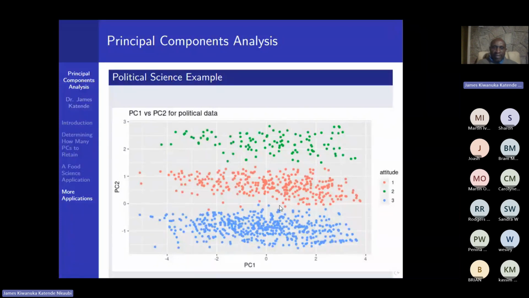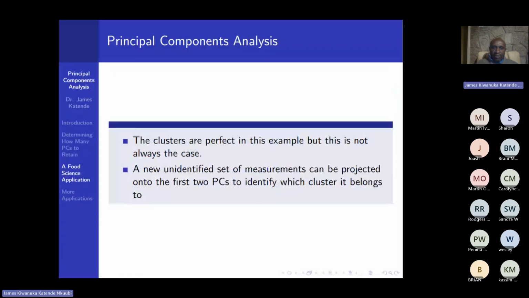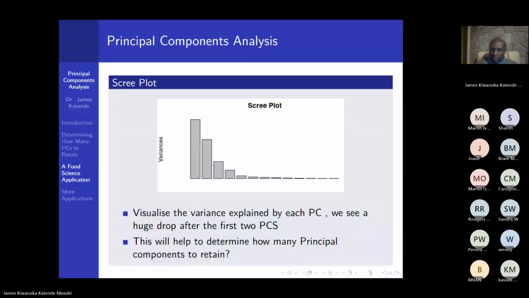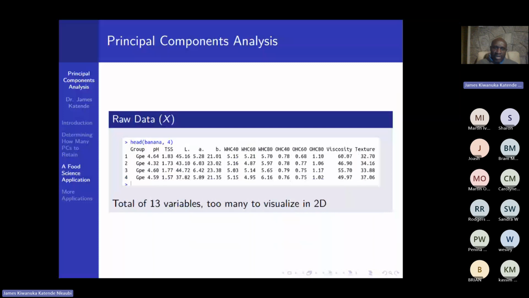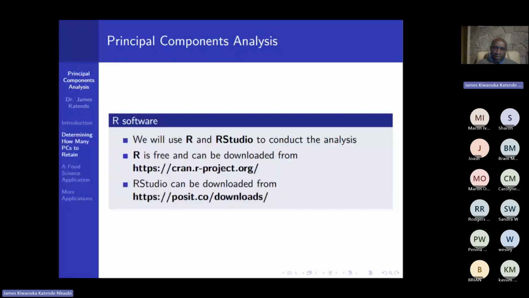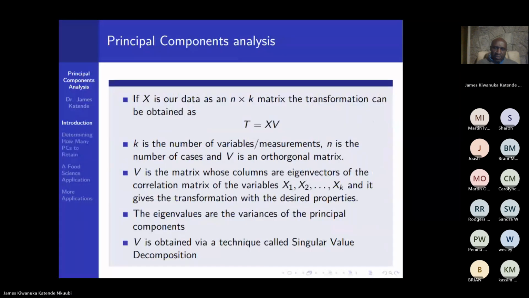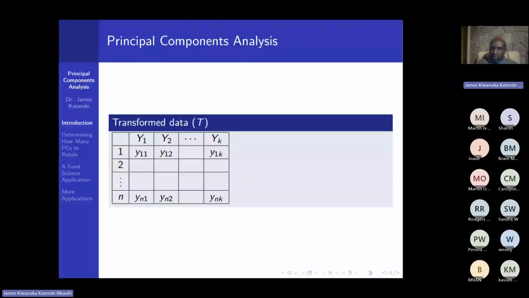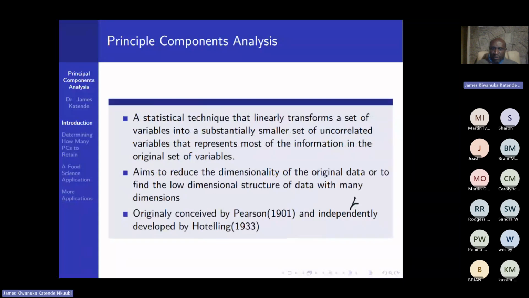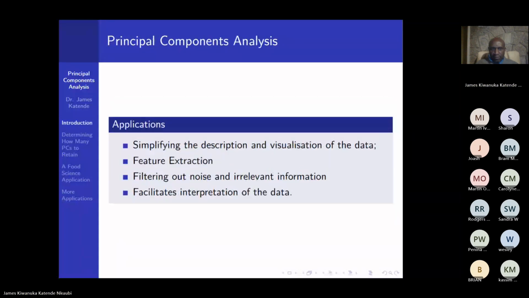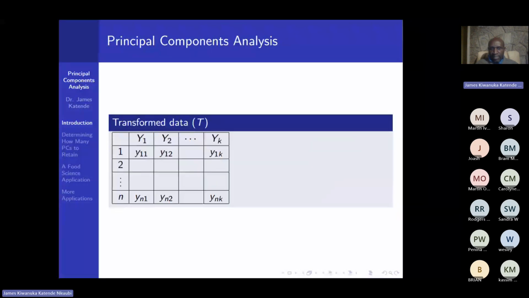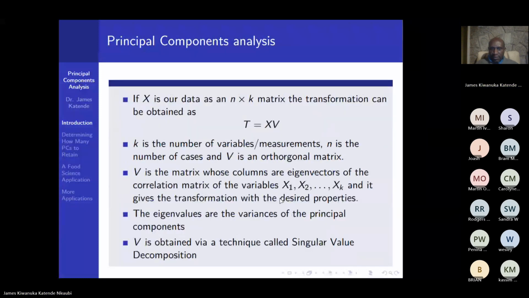There's something I mentioned earlier about this transformation being orthogonal. Did you learn about orthogonal transformations in linear algebra? Yes. So this V, you see, V is an orthogonal matrix. An orthogonal transformation preserves distances between points.